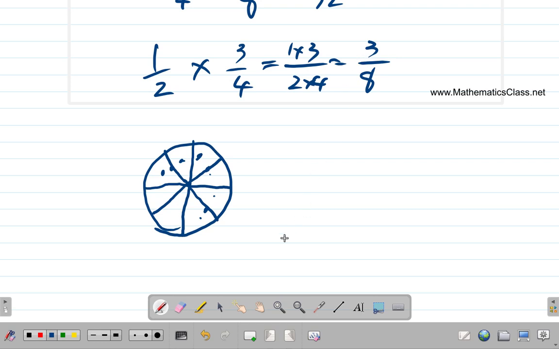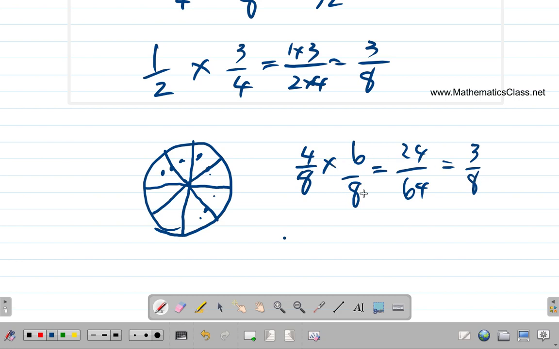You see? Now, the half is really 4/8, times 3/4 which is really 6/8. If you do this, 4 times 6 is 24 over 8 times 8 is 64, then when you cancel, you get back the 3/8.